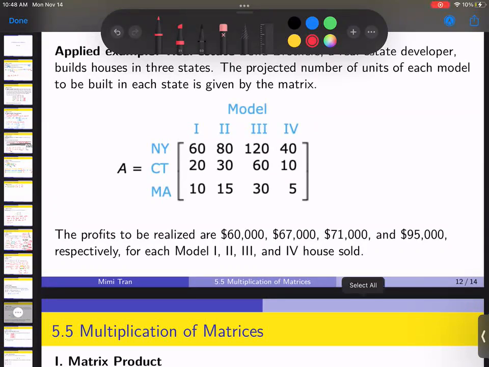Model 1 has a different price than model 2, than model 3, than model 4. So I have to multiply each of these by the price of each model. Say model 1, I multiply with 60,000. Model 2, I multiply with 67,000. And then after that, I add them all up, and then I figure out what my revenue is.